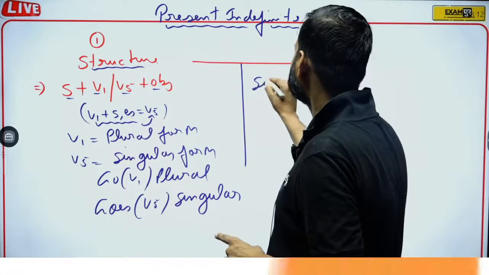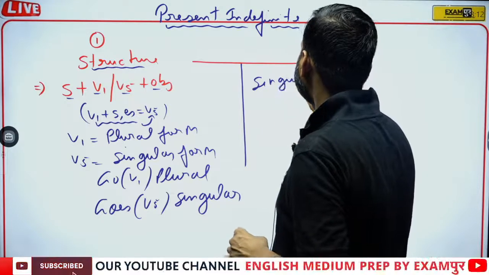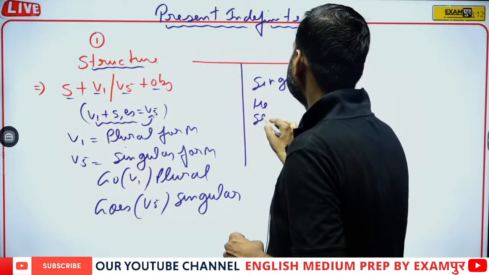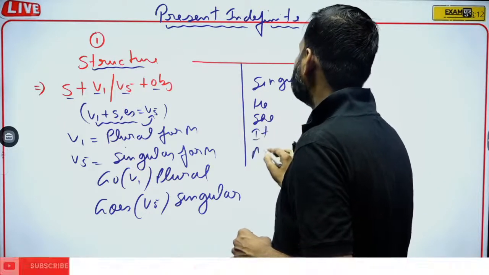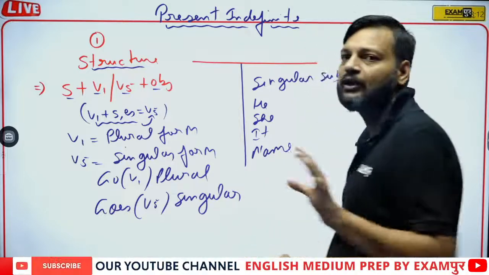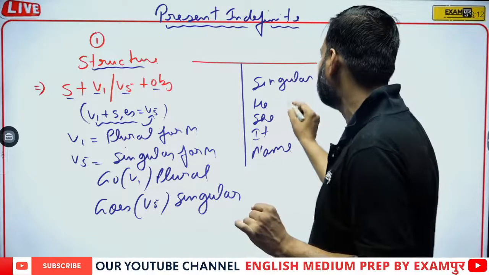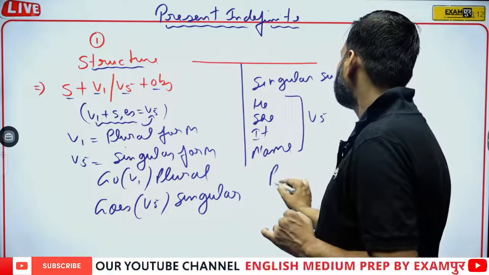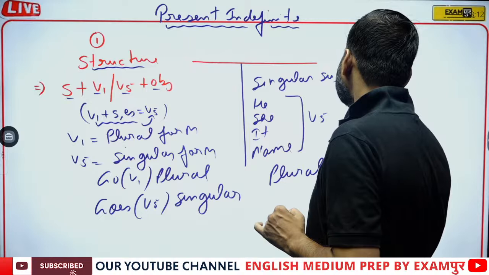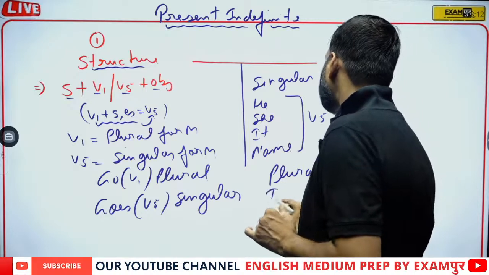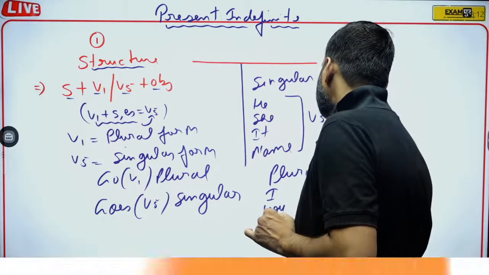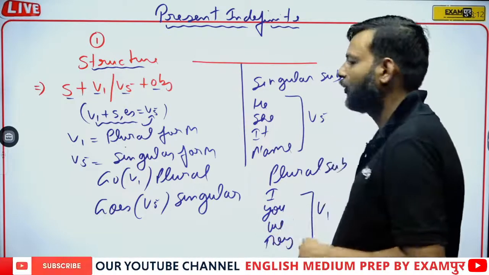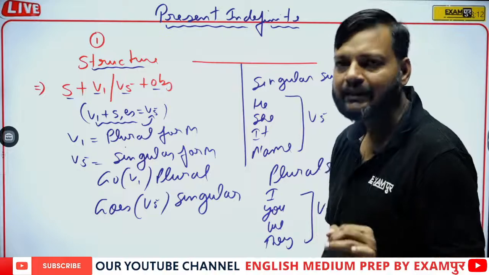So with singular subjects like he, she, it, or any name, we use the fifth form. And with plural subjects like I, you, we, they, we use the first form. So this is the difference.